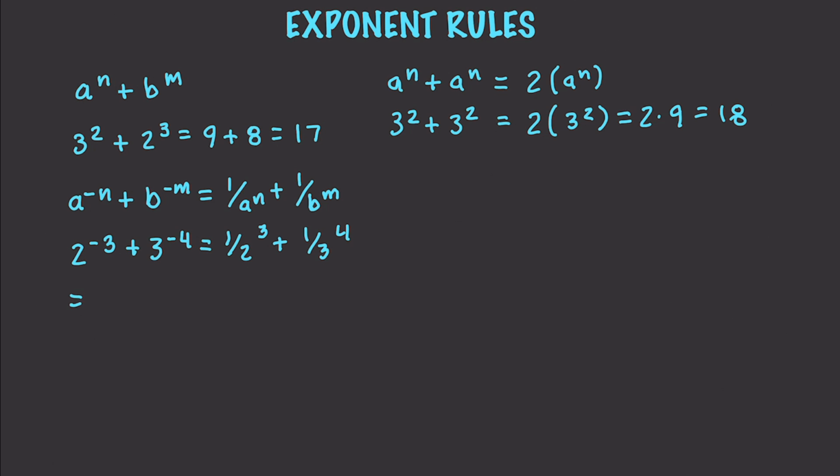And this ends up being equal to 1 over 2 times 2 times 2 plus 1 over 3 to the fourth. I think you get what that is. This ends up being 1/8 plus 1 over 81, which is approximately equal to 0.137.